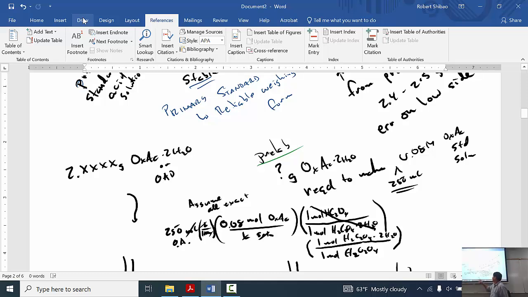Okay, so that works there. And so moles of pure oxalic acid cancel, and that leaves me with moles of oxalic acid dihydrate. And what I'm after is grams.